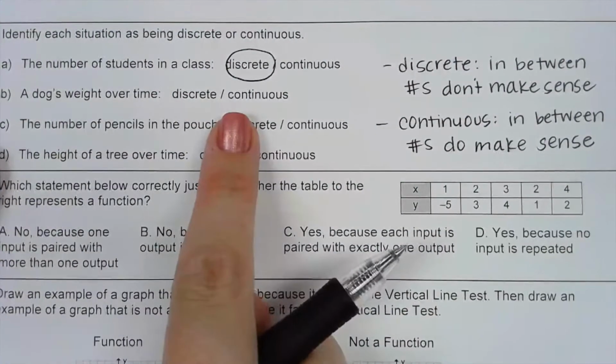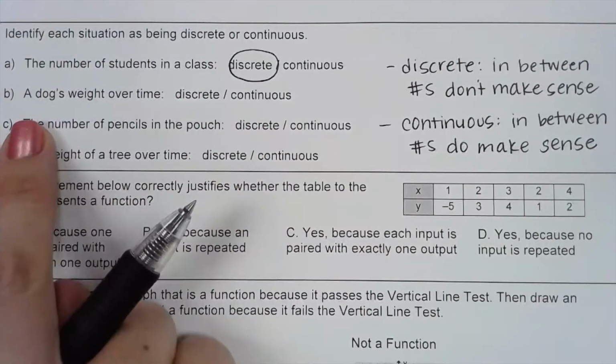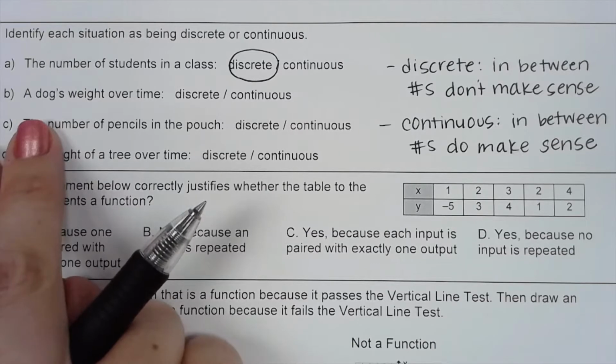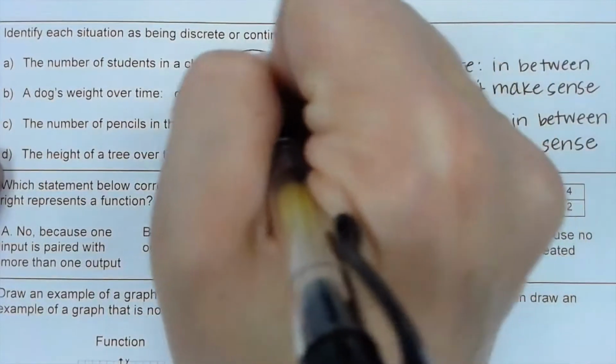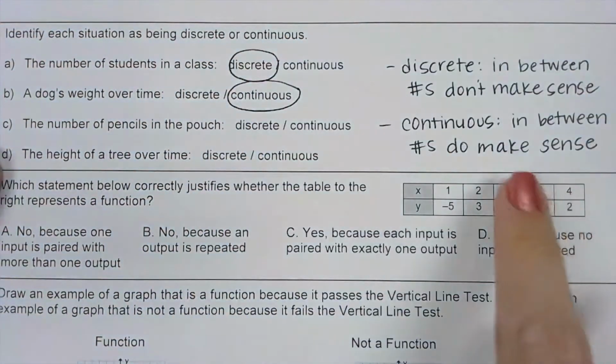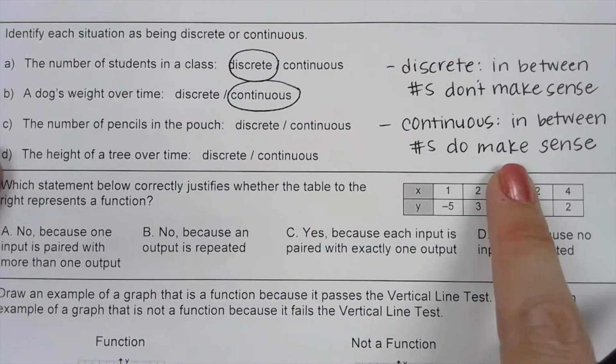A dog's weight over time, the amount that a dog weighs, a dog could weigh 50 pounds, but a dog could also weigh 51 or 52 or 53, or they could weigh 51.5 pounds or 52.5 pounds. So this would be continuous over time because the in-between values do make sense when you're talking about weight.